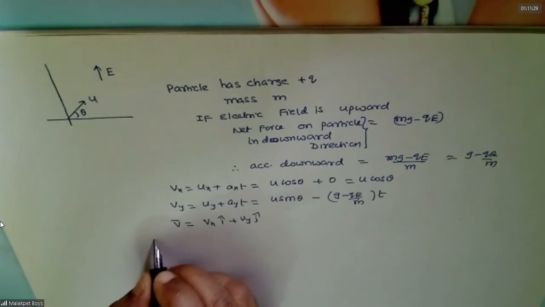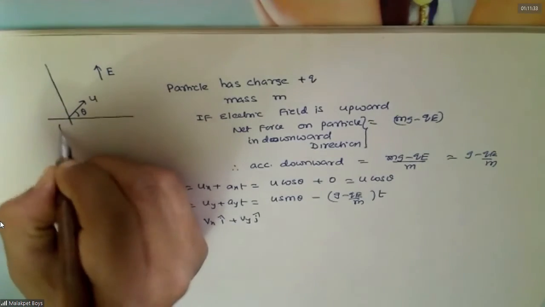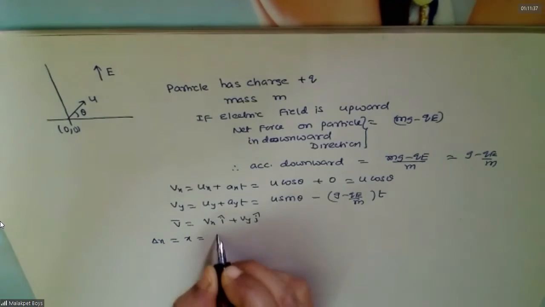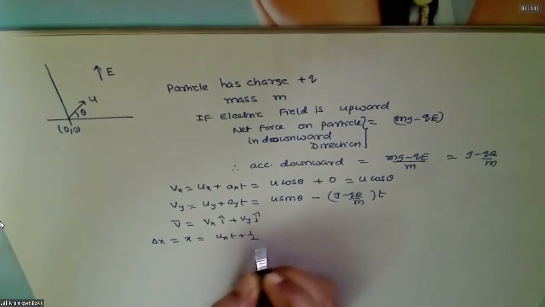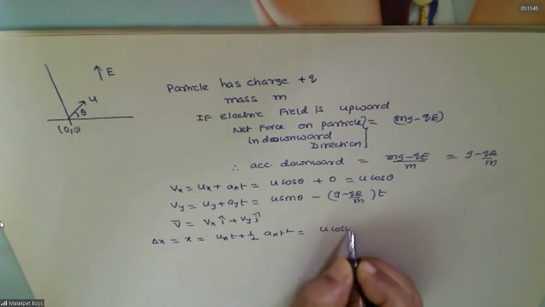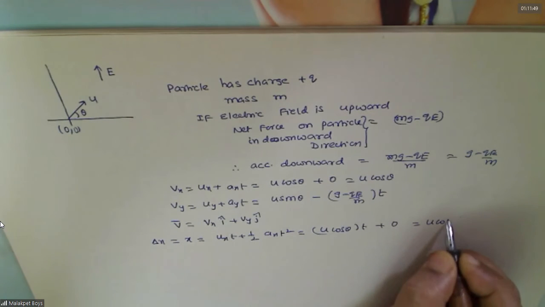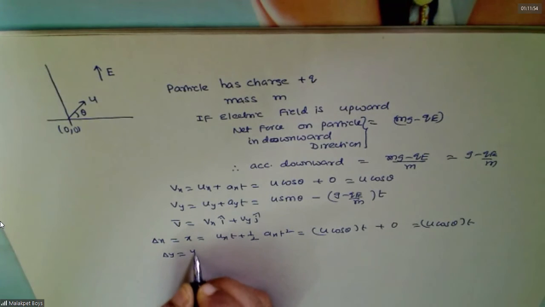Now again you can find delta x at any time t. This is u cos theta into t plus 0. Do you agree with this? What is delta y?